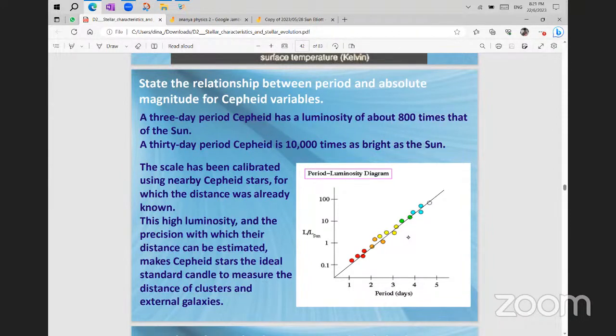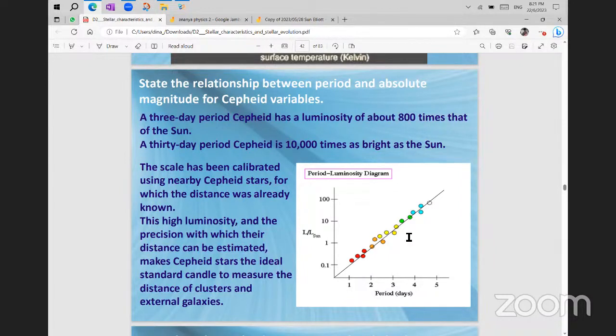For a 3-day period suffix variable, we can say it has an absolute luminosity, the thing that we always try to find, 800 times that of the sun. Extremely useful because we know the luminosity of the sun. So we know the luminosity of the suffix variable simply by measuring its period.